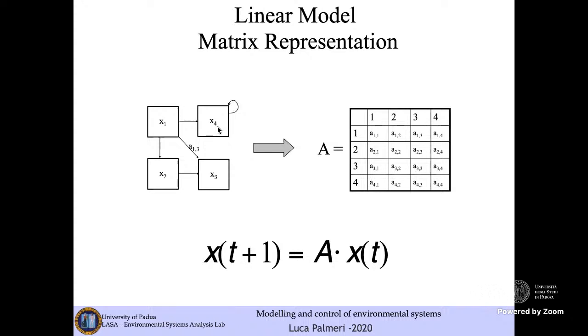So x4, the state variable related to this compartment, may be milligram of orthophosphate per liter, so density of matter. And then we describe the relationship between the compartments by drawing some kind of lines. A line here, an oriented line, says that there is some of the currency that is flowing from compartment 1 toward compartment 4.